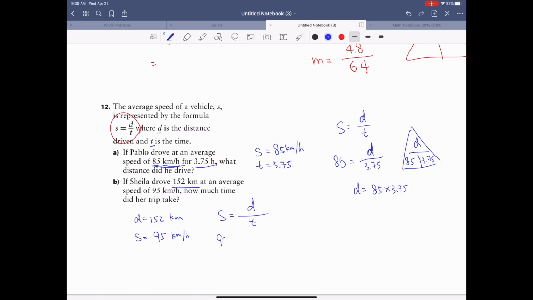S equals to 95 equals to, D is 152, T is question mark because they ask you about T. Okay, so again, set up the triangle. What's on top? 152 is on top because it's on top of the fraction. And then 95 and then T. So T therefore equals to 152 over 95. Okay, and calculate it using your calculator.